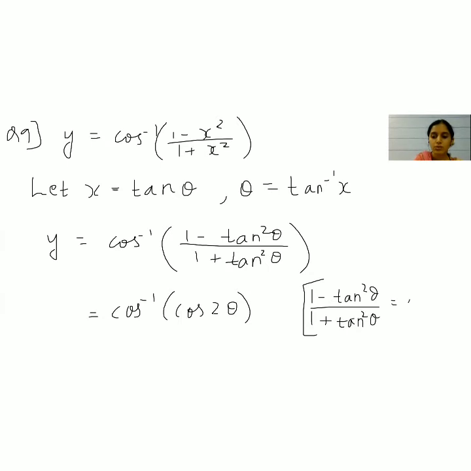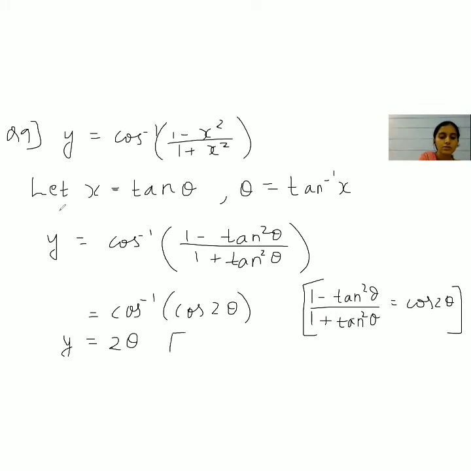is equal to cos 2 theta. Okay, and this is what we have used over here. Now what is cos inverse of cos? It is the angle itself, right? So we'll say y is equal to 2 theta.